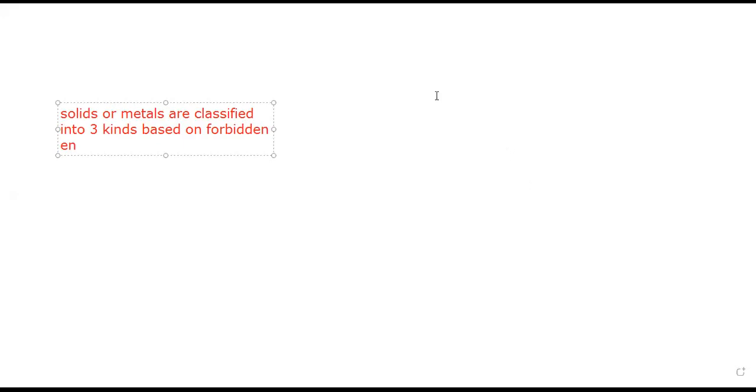So here solids or metals are classified into three kinds based on the forbidden energy gap between the valence band and conduction band.